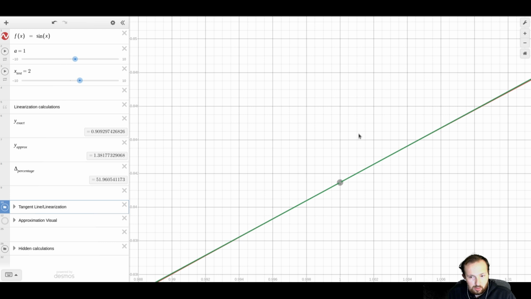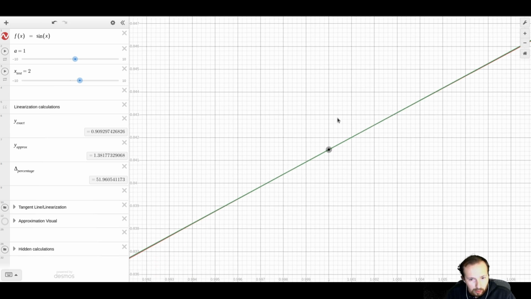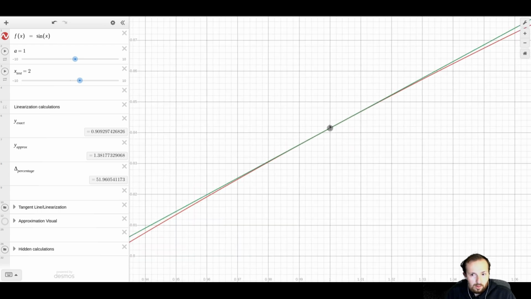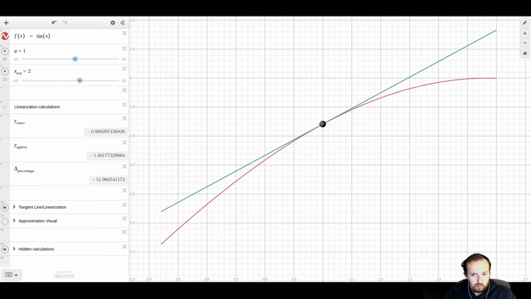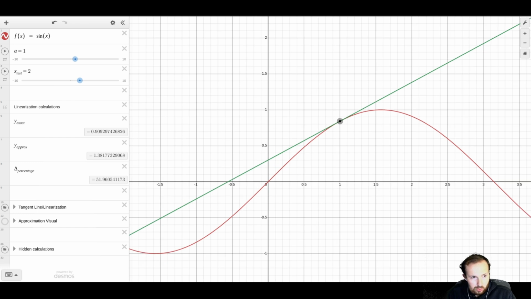So if we just pretend like we're dealing with the green line, we can use it to calculate certain values. And again, it won't be perfect, but it'll be so close to perfect that it's good enough, even if the red function, the original function, is not actually a linear equation. So there you go. This green line here is the linear approximation of the function sine of x around the point x equals 1.